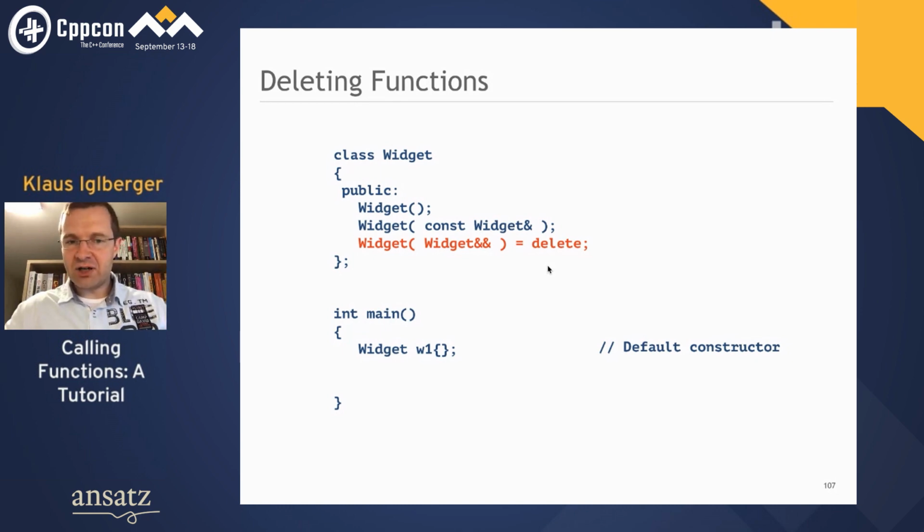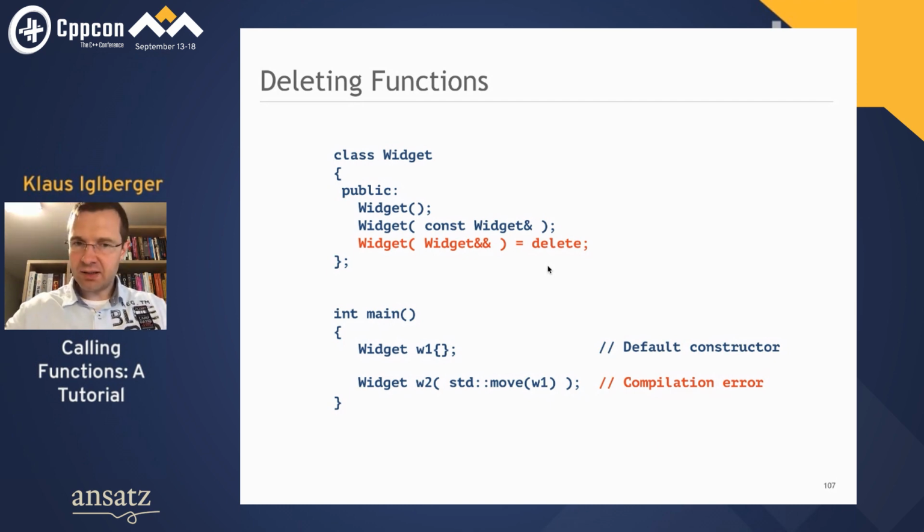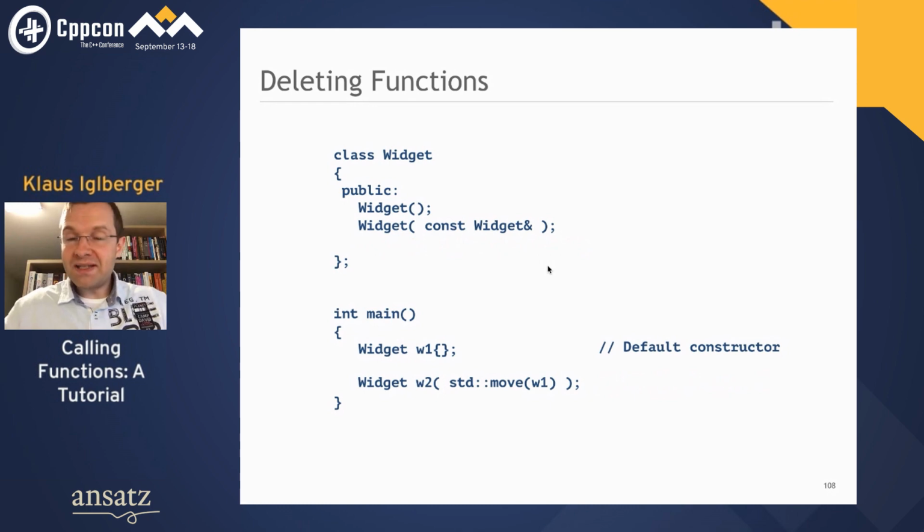If I delete the function and try to call it, then I get a compilation error. You called the move function, it's a compilation error. If I omit it, however, then the implicit fallback is copy.